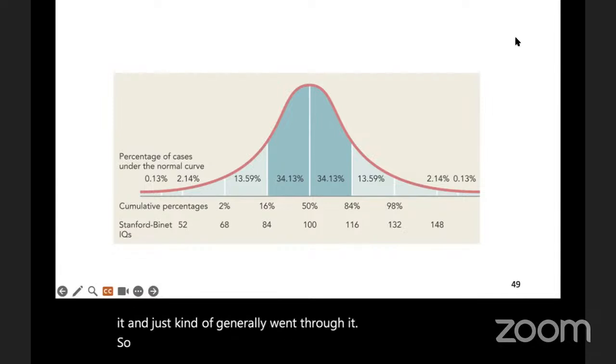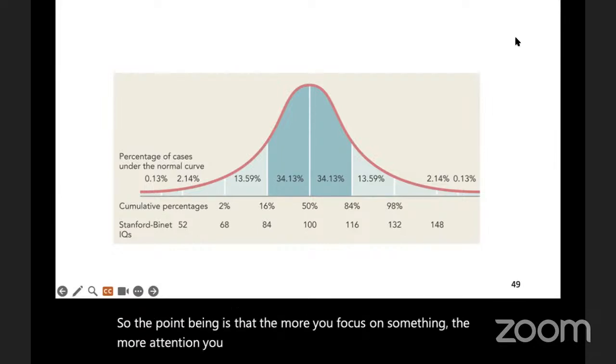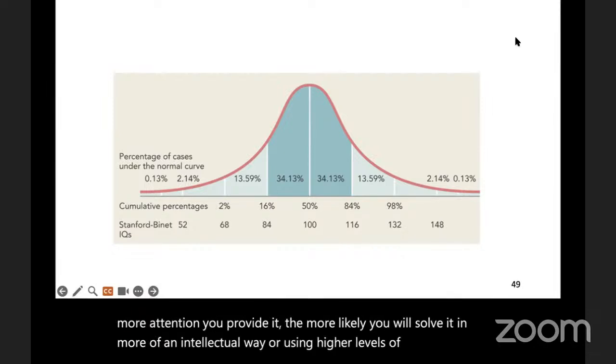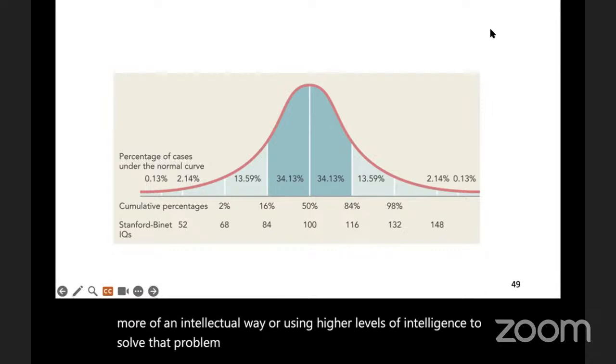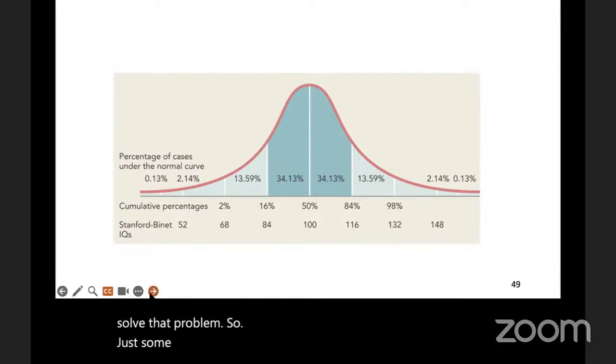So the point is that the more you focus on something, the more attention you provide it, the more likely you will solve it in more of an intellectual way, using higher levels of intelligence to solve that problem. So just some thoughts on that.